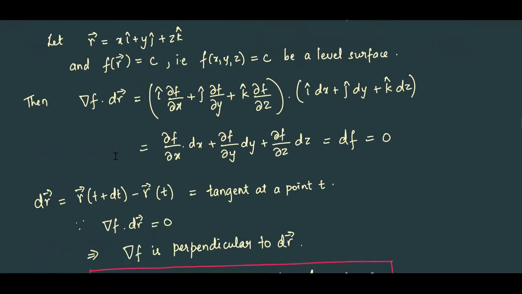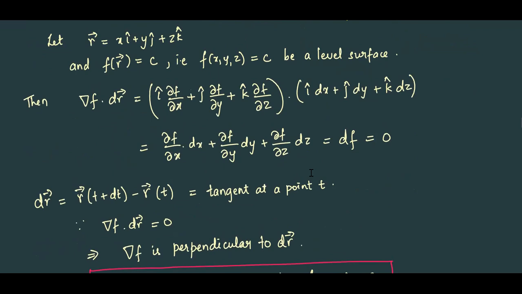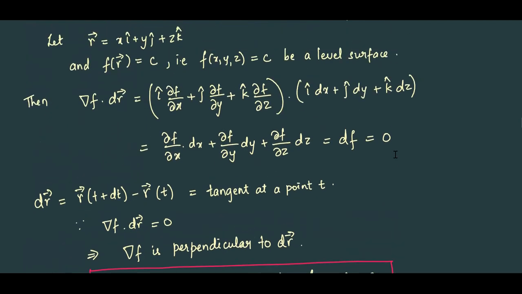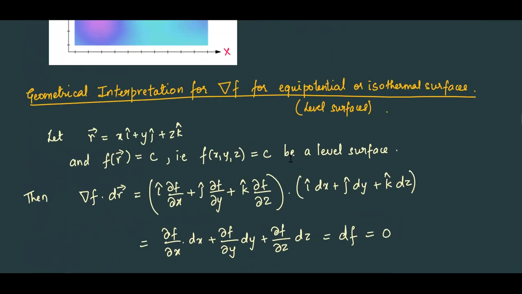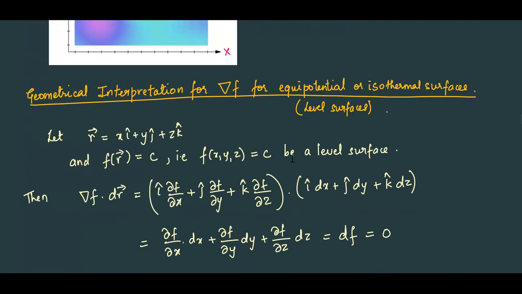Grad f represents the perpendicular or normal to the surface. Dr is tangent, and grad f will be perpendicular. So grad f is normal to the surface. This is a very important concept which will be used, and problems come in GATE on this.